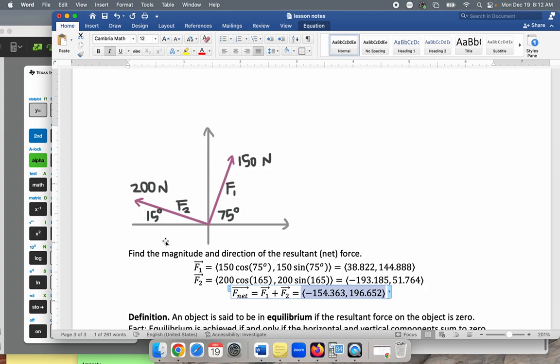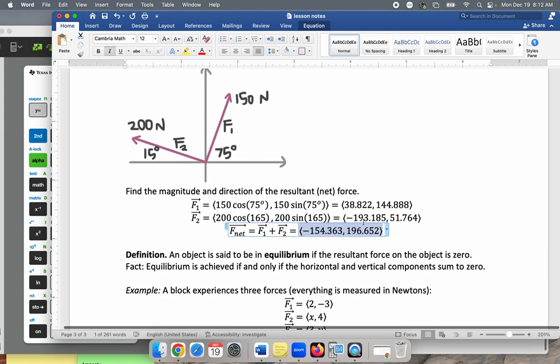But just as a quick check, this vector is pushing 200 newtons this way, so it's a little bit stronger than the other force, which is only pushing with 150 newtons. So basically, the vector sum I would expect to be pointing somewhere over here, right? So as a quick gut check, when you get your angle, you should ask, does my angle actually put me in the second quadrant as expected?